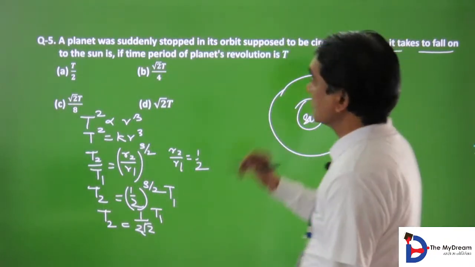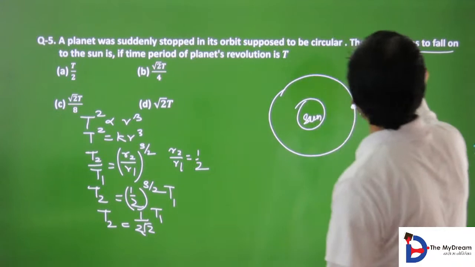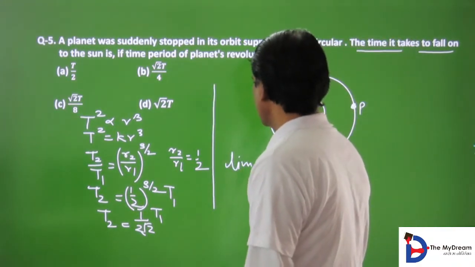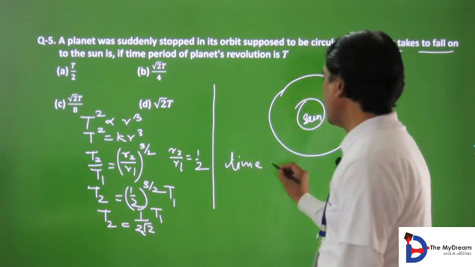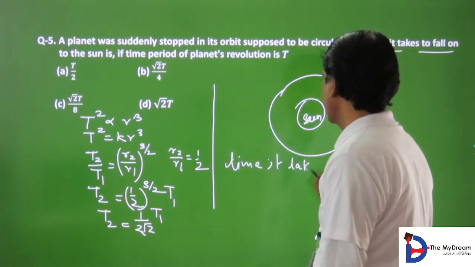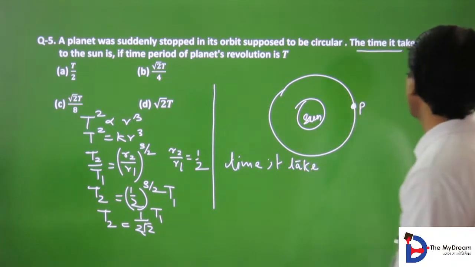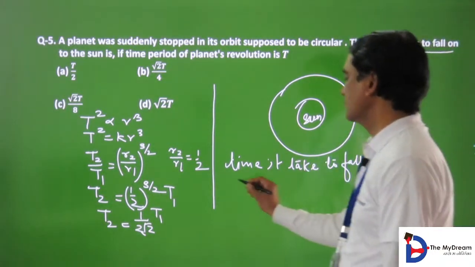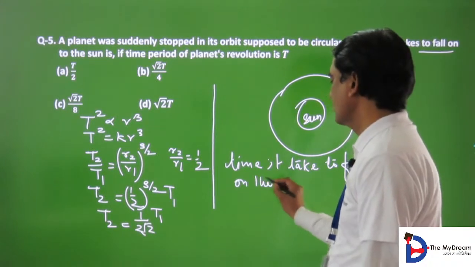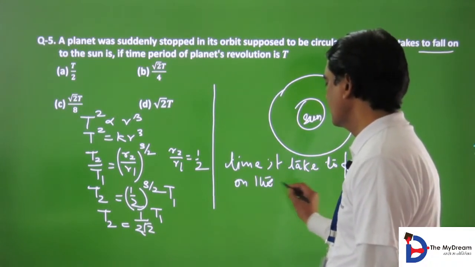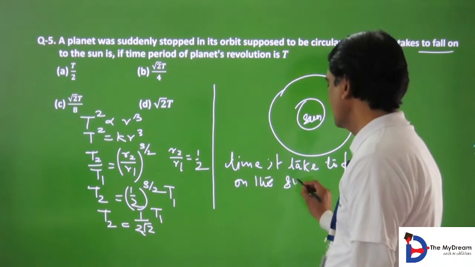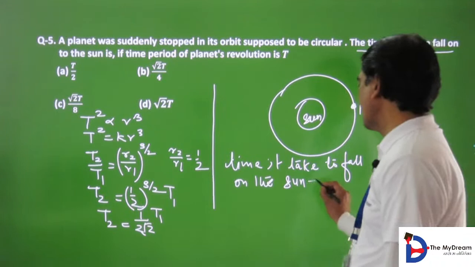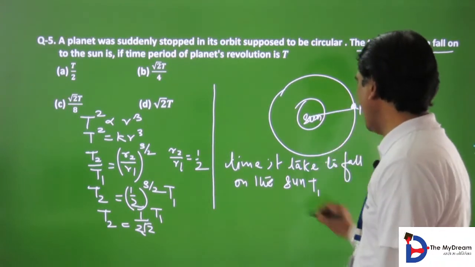As it falls, the time it takes to fall on the sun, that is T1, is equal to, because it will become half.